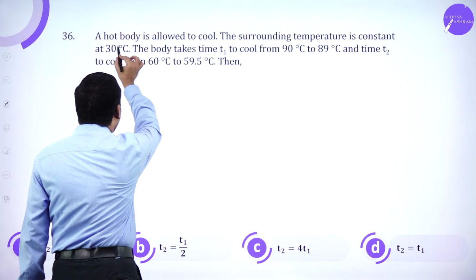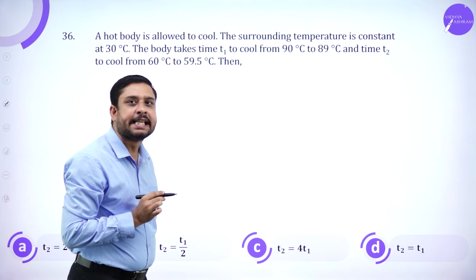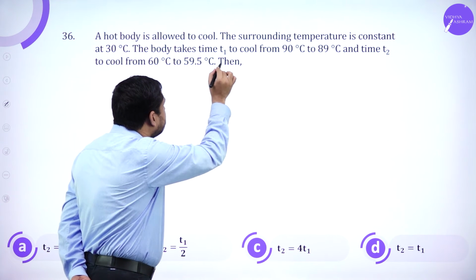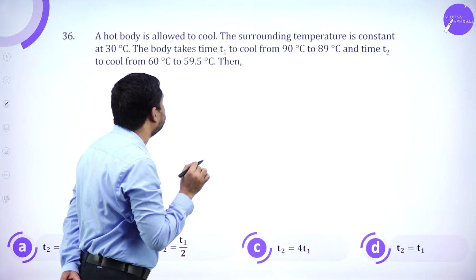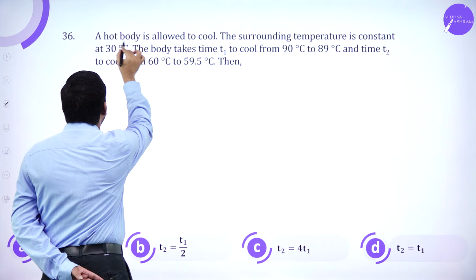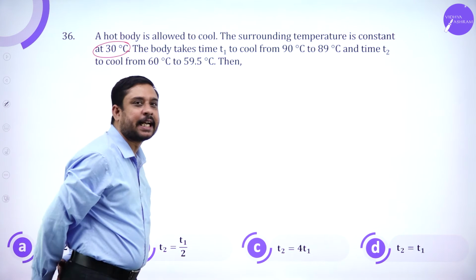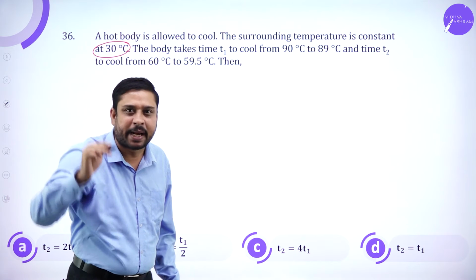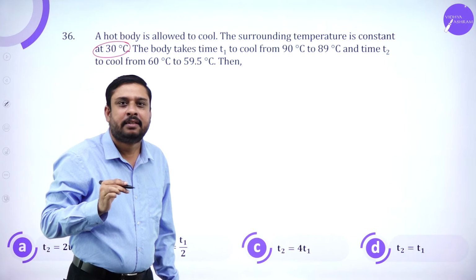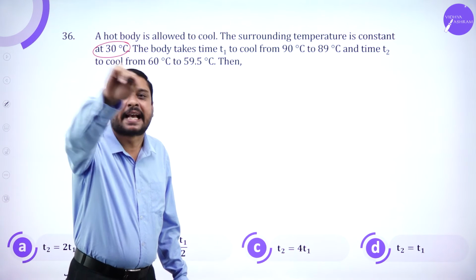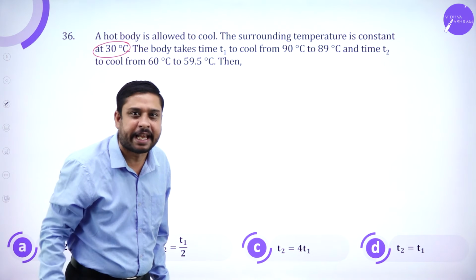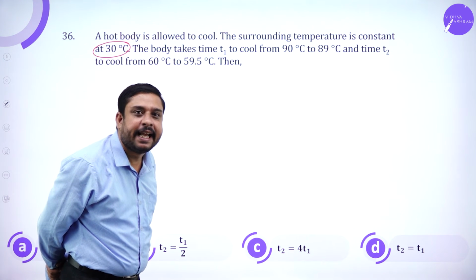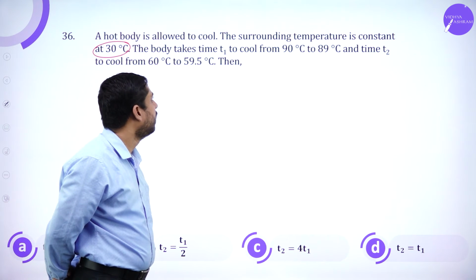Now, a hot body is allowed to cool. The surrounding temperature is constant at 30 degrees Celsius. The surrounding is something external to the hot body whose temperature is 30 degrees Celsius.